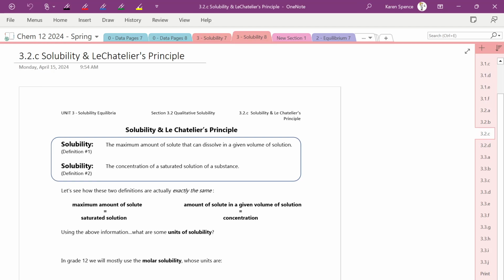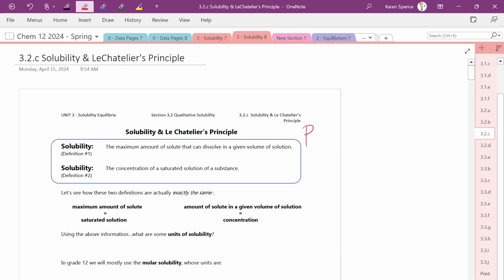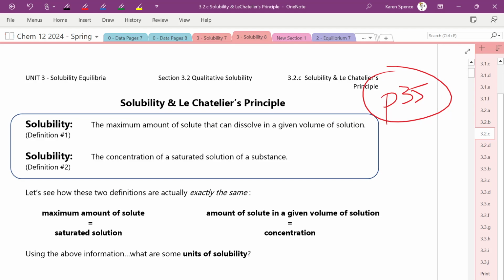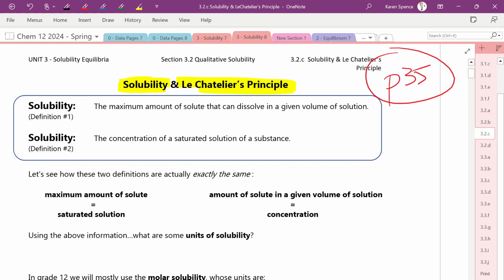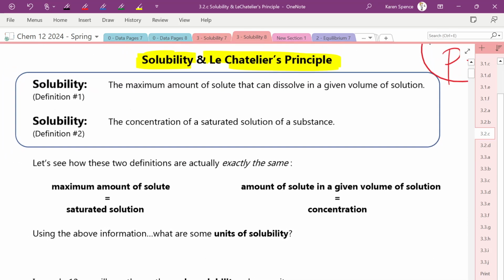3.2c, which is on page 35. And now we are going to be talking about solubility and LeChatelier's principle. It's back. Oh, I know, you can't get rid of it. At least not until we get to electrochemistry, and even then we kind of still use it a little bit.